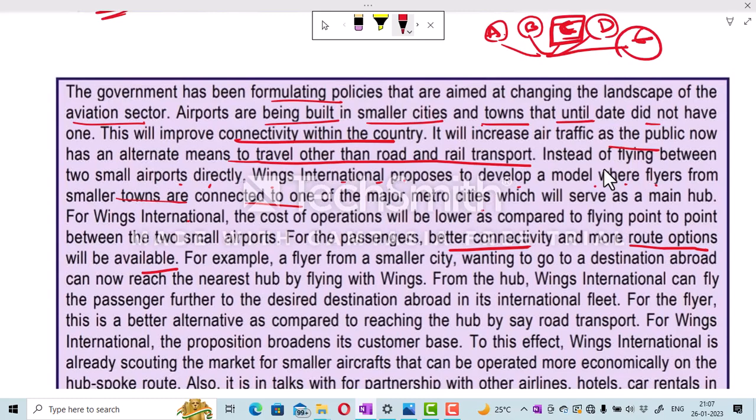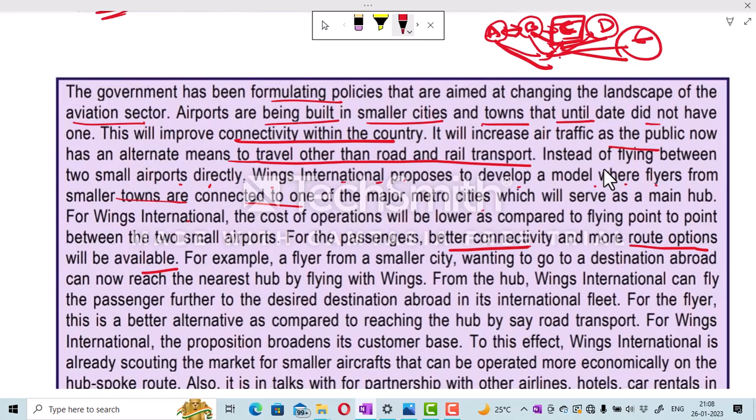But what they have decided, instead of traveling from A to B, B to C, C to D, is to travel from A to C directly, and from C they will have B, D, E. So they will have more options, and it is economical to this Wings business also, because maintaining A to B, B to C, C to B, A to D, for each and every connection they need to maintain aeroplanes.